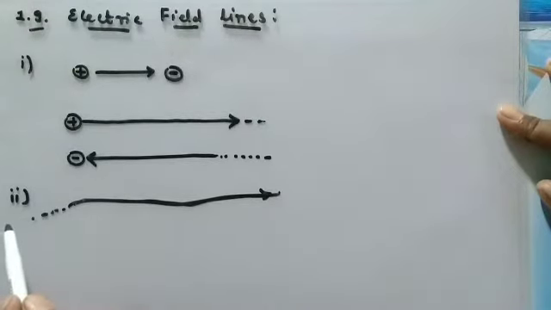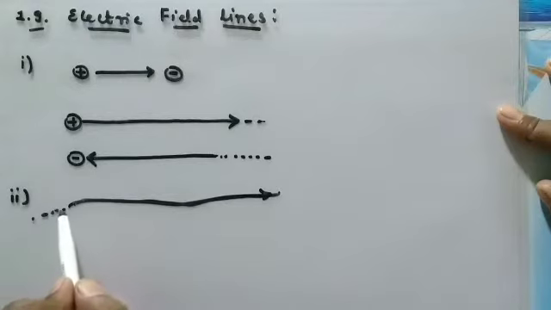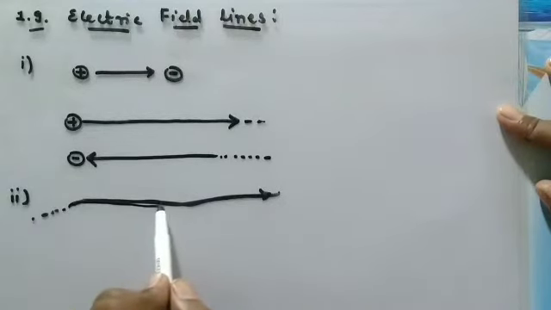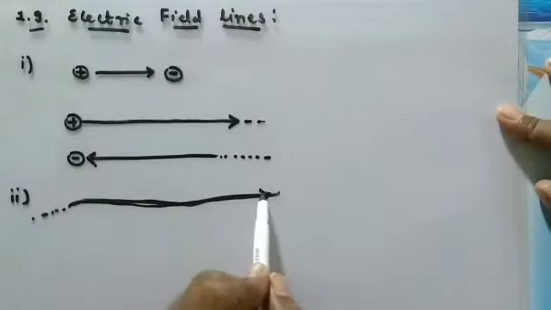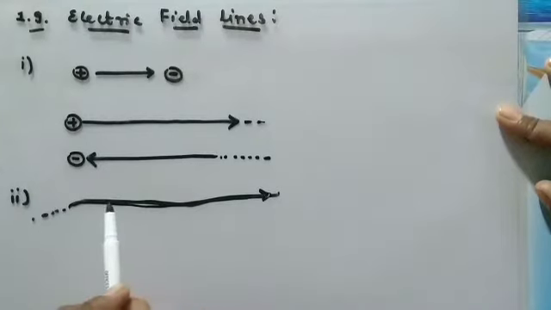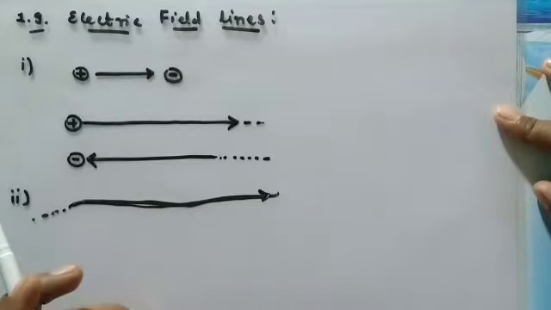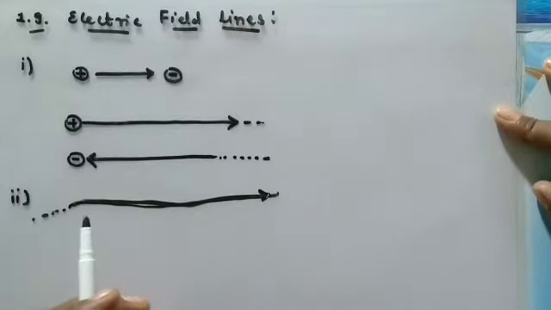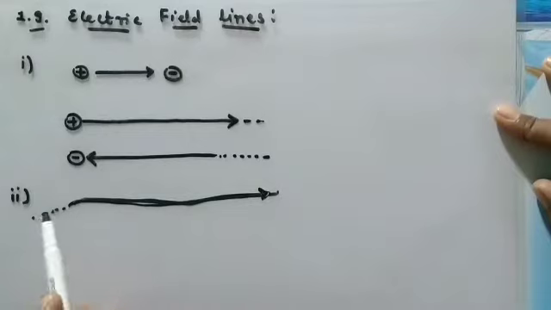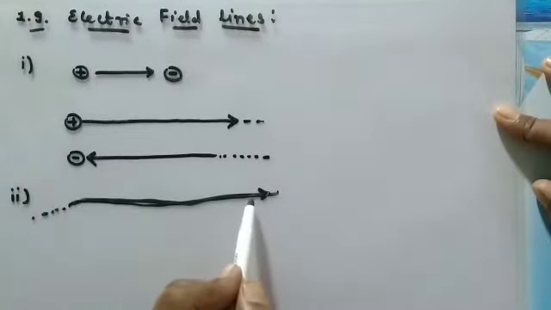So those electric field lines are coming from there and they will move further like a curve or a straight line. Remember, if there is nothing around that charge, only one charge is there, and the electric field lines are emerging from that positive charge, suppose, then that electric field line will be straight.